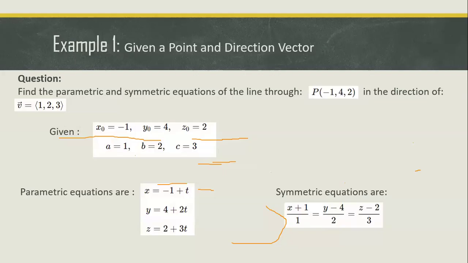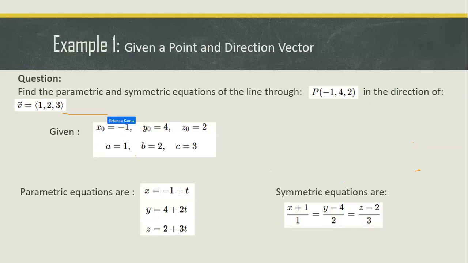So example 1, we are given a point and a direction vector. Find the parametric and symmetric equations of the line through P(-1, 4, 2) in the direction of vector V = (1, 2, 3).